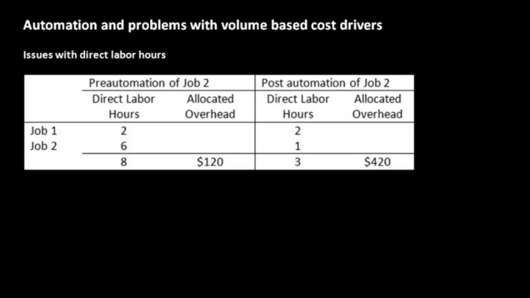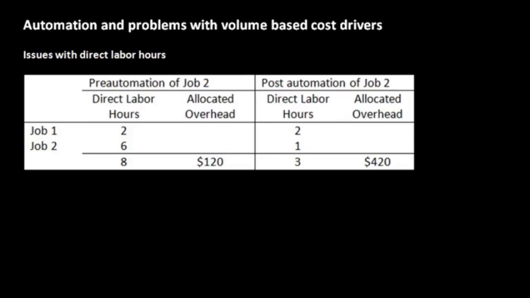A lot of companies had a company-wide cost driver, and a lot of times they just used direct labor hours to allocate all overhead costs, and that worked well because generally in that time overhead was pretty small relative to direct materials or direct labor. Those are really the two primary costs, and overhead was generally pretty highly correlated with direct labor hours. And they just used direct labor hours to allocate all overheads, just to make things simple.